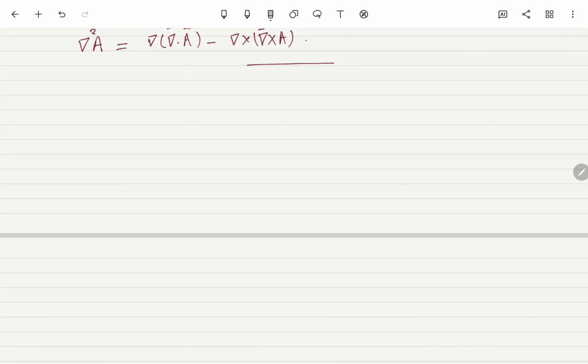Now let's summarize the cases we have so far. Now a del can be applied on a gradient with divergence, this one here, and we define this as the Laplacian.